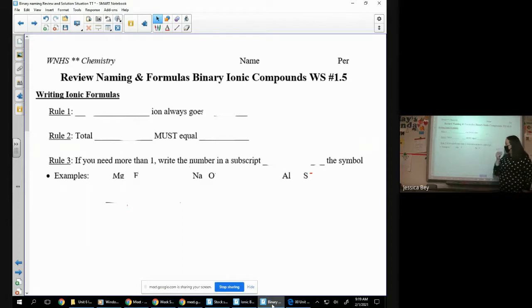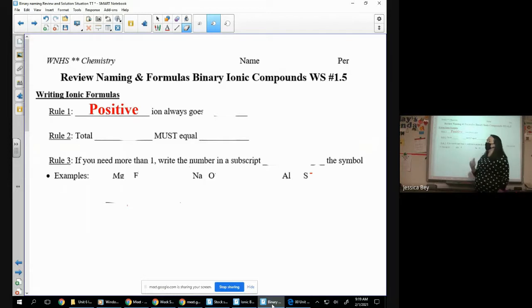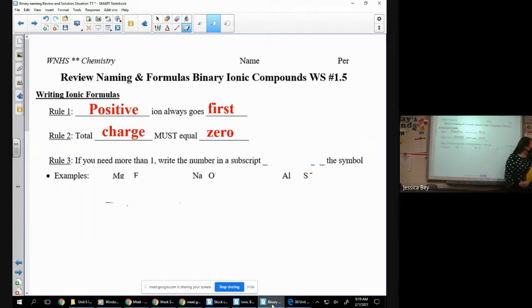So to remind yourself about what we did last week, when you're writing an ionic formula, the first thing is the positive ion goes first. So your metal always goes first. And the biggest rule that you have to remember is that the total charge must be equal to 0 or neutral.